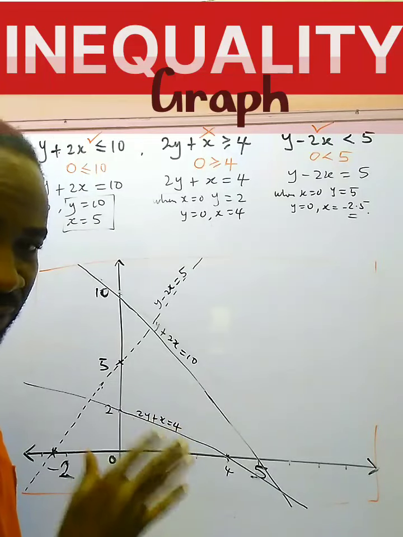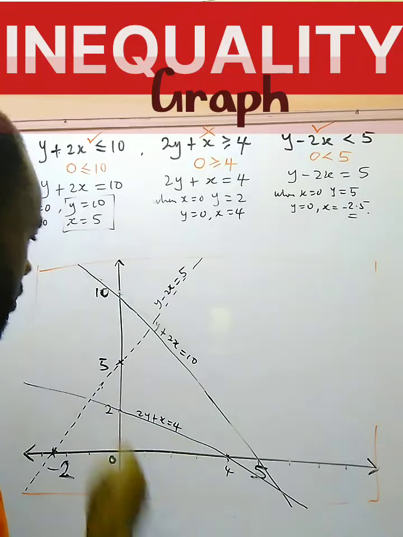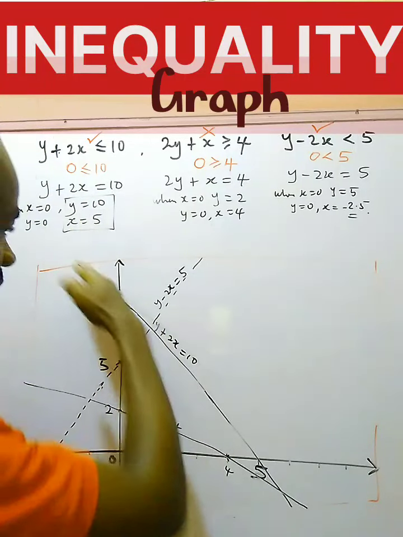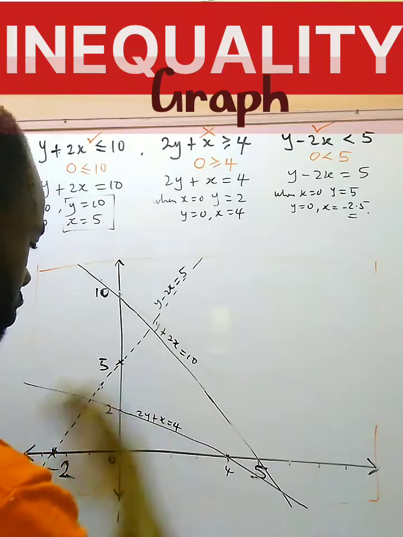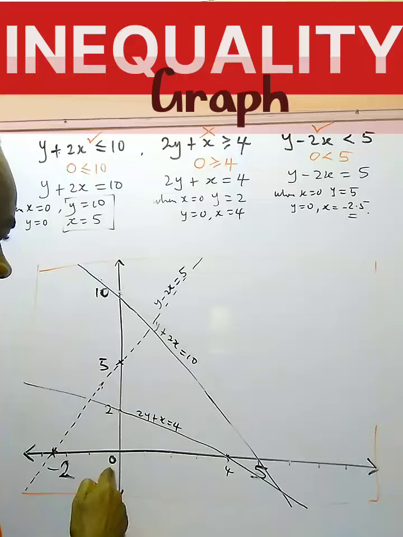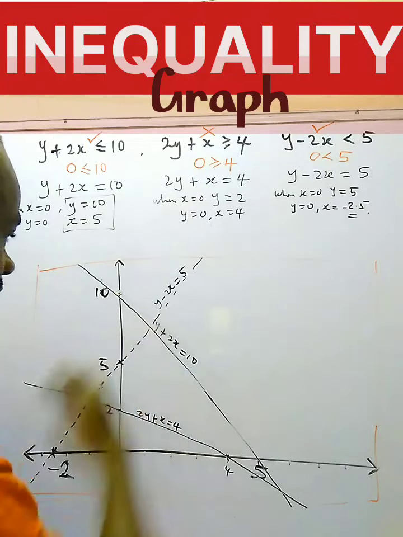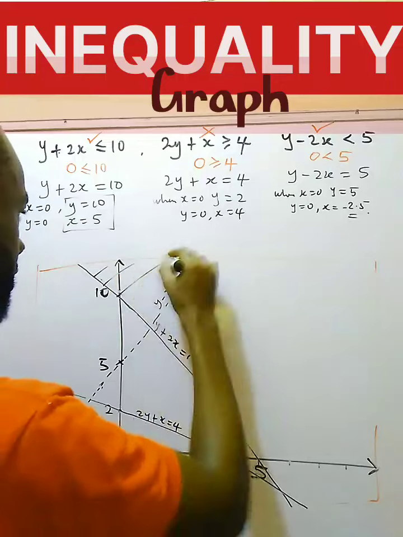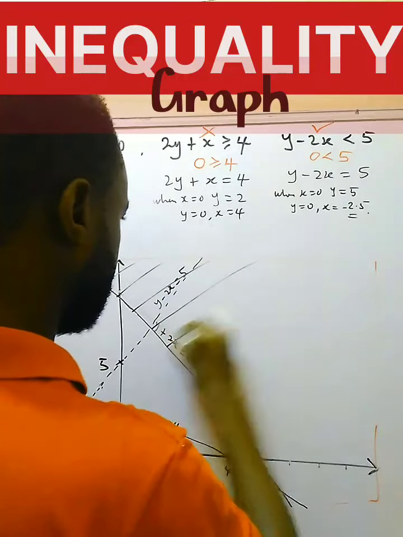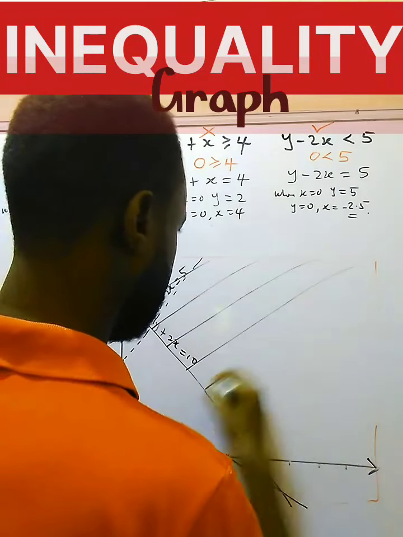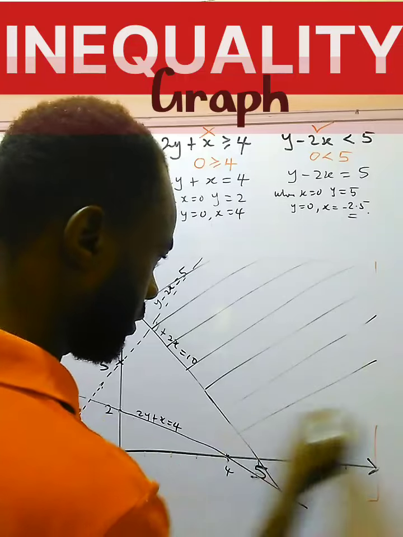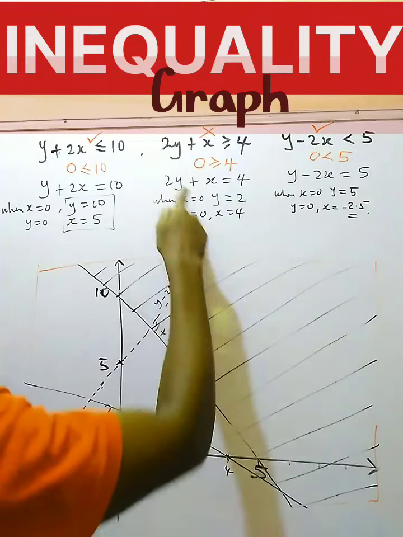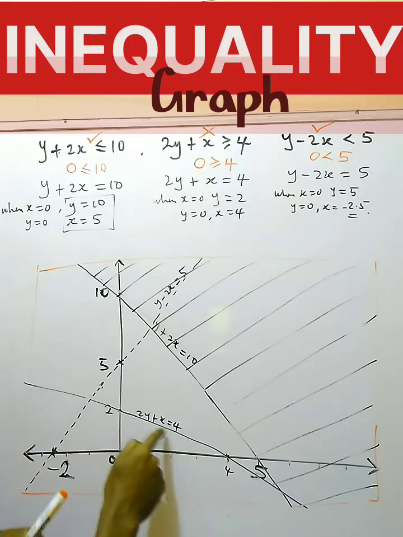That is the acceptable region. So considering this boundary line, this region contains the origin, so I will leave this side unshaded and shade this entire other part. I'm done with that.